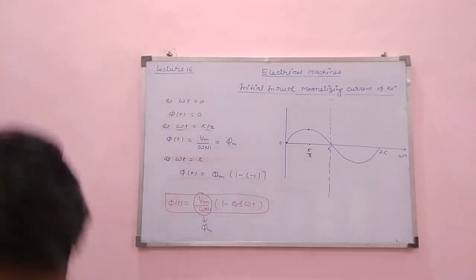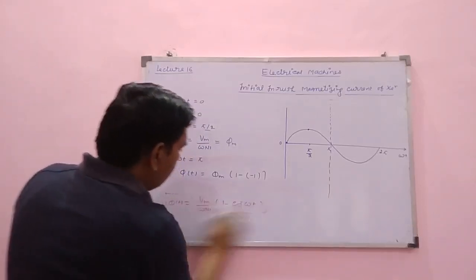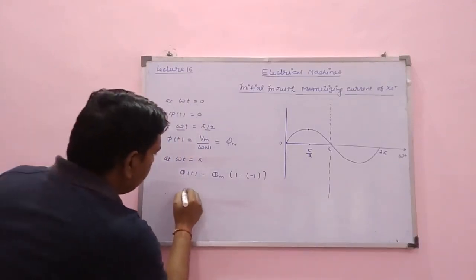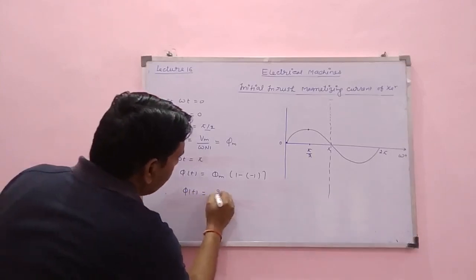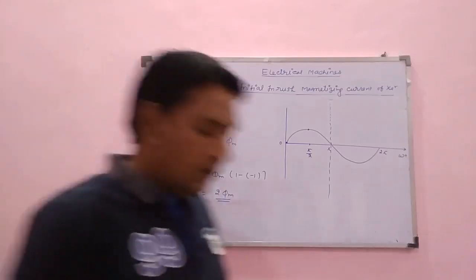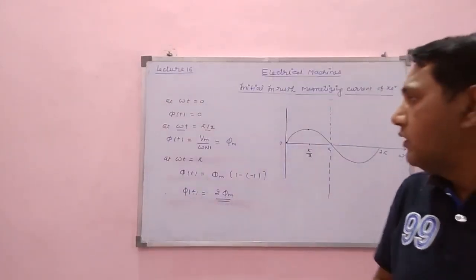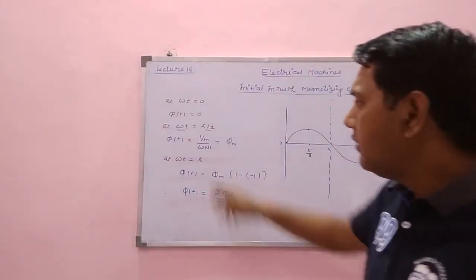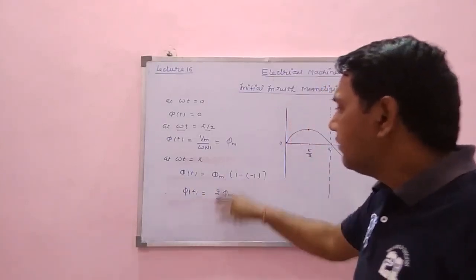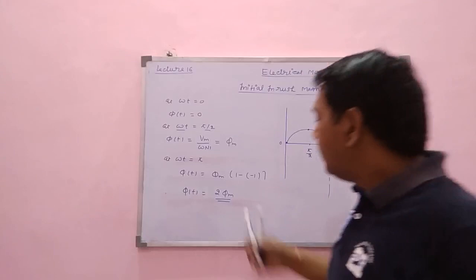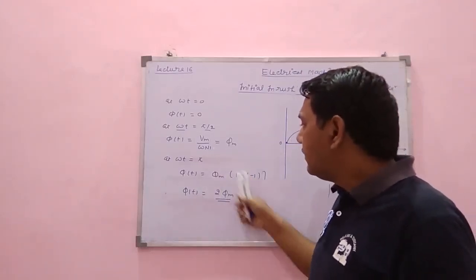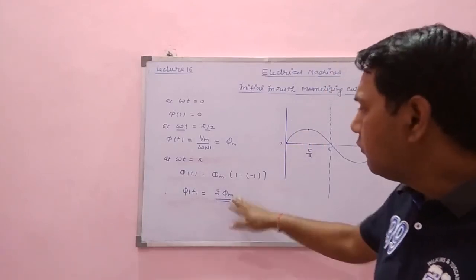That is minus 1, so phi of t in that case will be equal to 2 times phi m. So this is an important point, that when omega t is equal to 180 degree or pi, we are getting the value of flux as double of the original value. The maximum value of flux is phi m, but at pi we are getting double the maximum flux, that is 2 phi m.